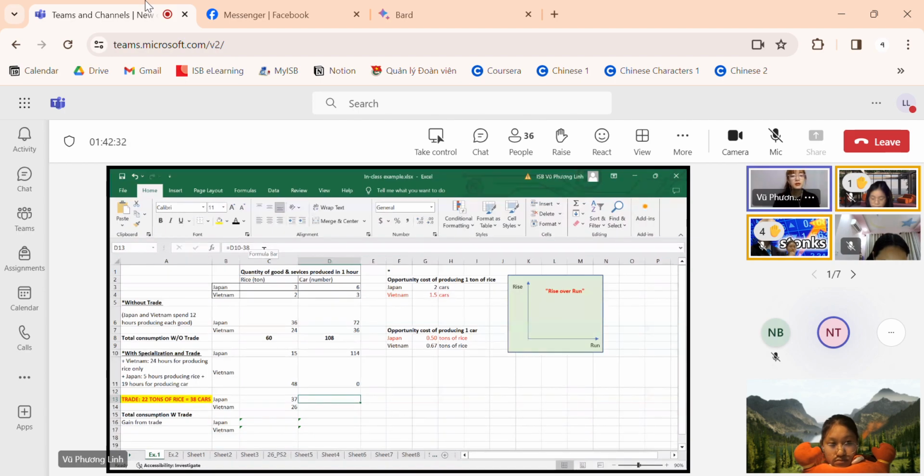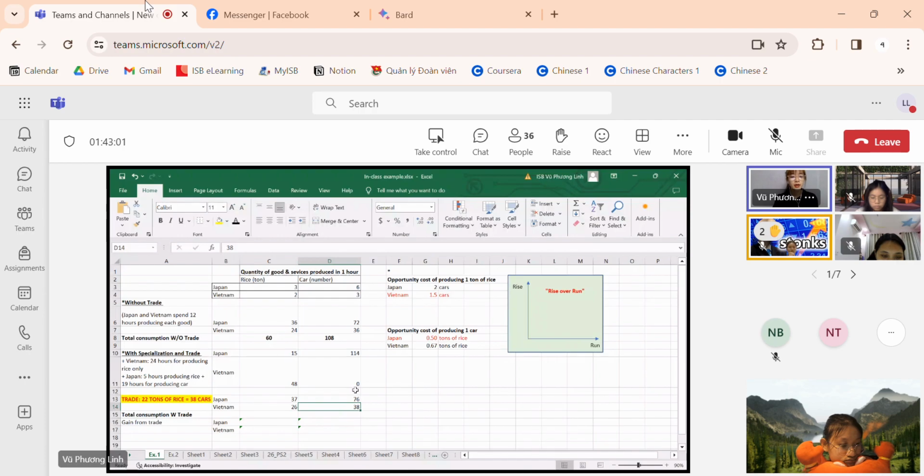That means I take 114 minus 38 cars. Okay, because we give Vietnam 38 cars and Japan has only 76 cars remaining. And Vietnam here, how many cars? Vietnam has 38 cars because Vietnam received 38 cars from Japan.